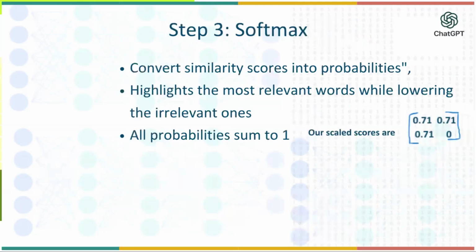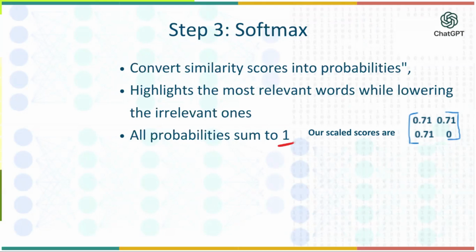All right. Once the scores are scaled, the model applies the softmax function. Softmax transforms these raw numbers into probabilities that always add up to 1. This step highlights the most relevant connections while keeping less important ones small but non-zero.